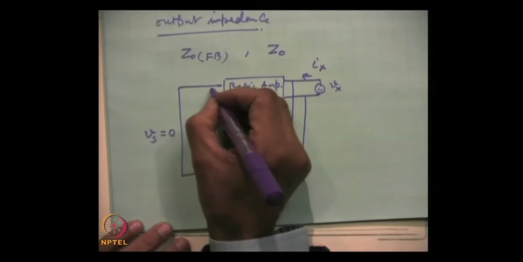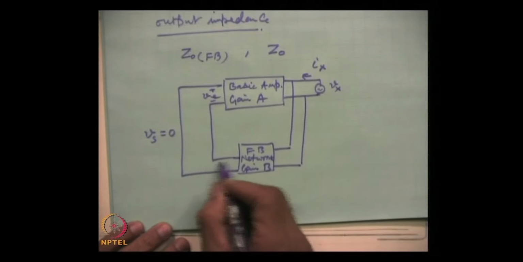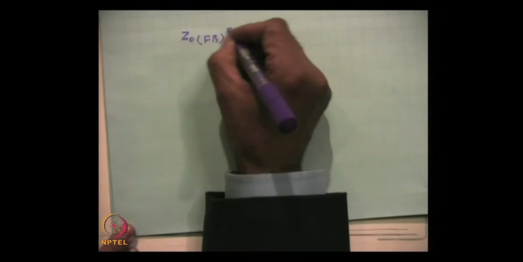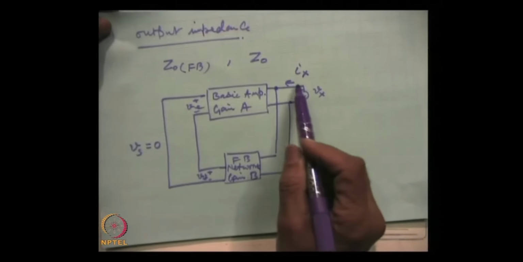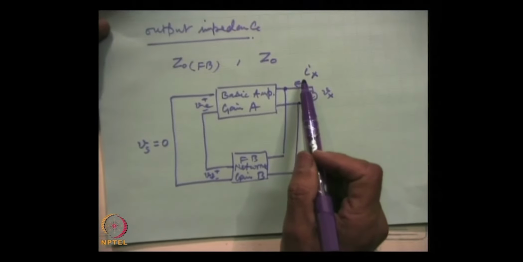And here this is Ve, this is the return signal Vf. The output impedance with feedback is equal to the ratio of the test signal and resulting current Ix. This is the test signal, this is the current which is generated, and the amount of current will depend obviously on the impedance, output impedance of the circuit.